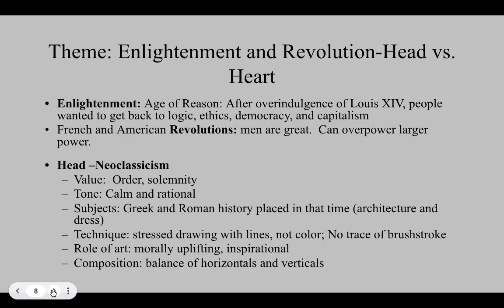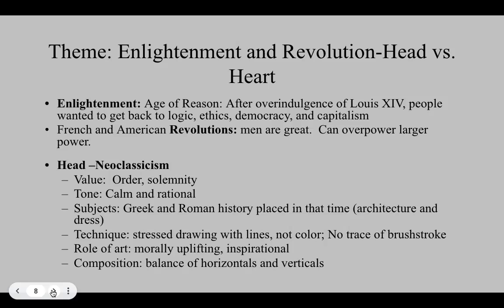And we have the rise of things like ethics, democracy, and capitalism starting to happen around the world. If you think about our own history, this is the time of the American Revolution in 1776, but there's a series of revolutions in France, one of them being in 1779 and in 1780 and 1781 and so on. So there is going to be a time where the people try to overpower the monarchy.